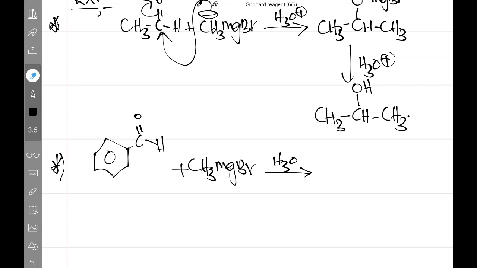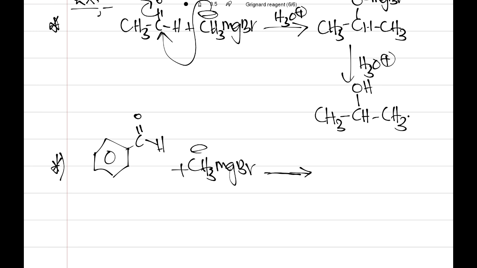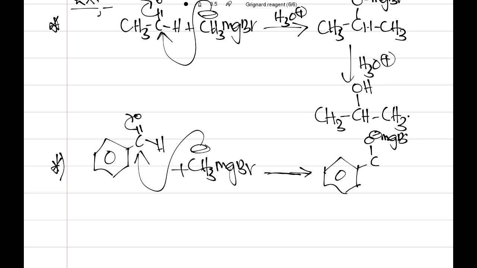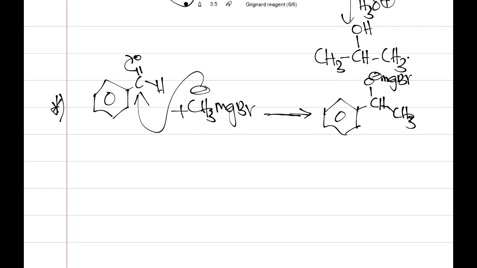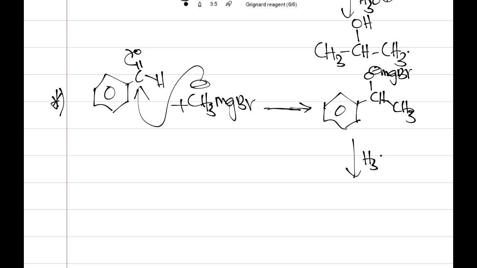Later we will get the hydrolysis step, and first we get this. CH3 minus is attached to the electrophilic carbon and electrons are shifting towards the oxygen, and we get CO minus and MgBr, and here it is CH3. Okay, after that on hydrolysis, we can get the alcohol, nothing but a secondary alcohol: CH, here it is OH, and this is CH3.